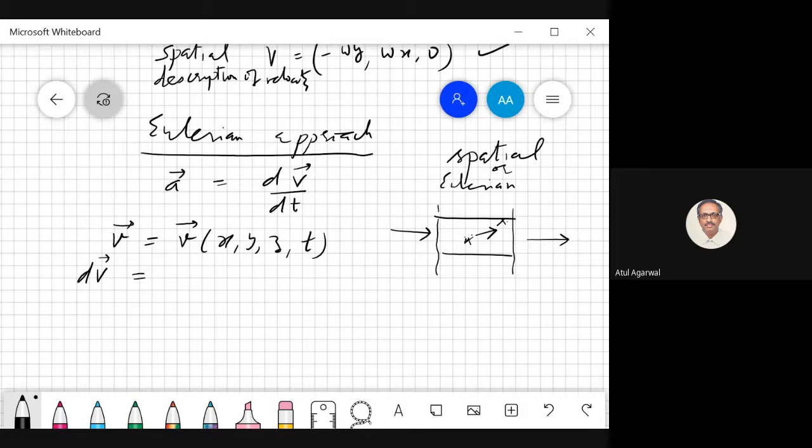And if you want velocity at x plus delta x in time delta t, it travels. Its x, y, z coordinates change by this amount. What will be delta x?